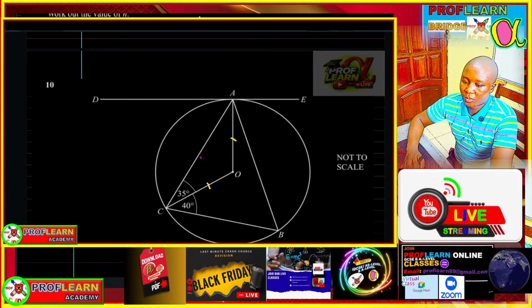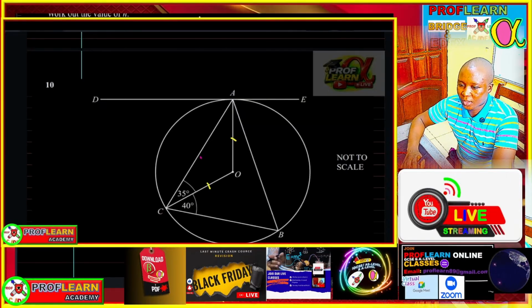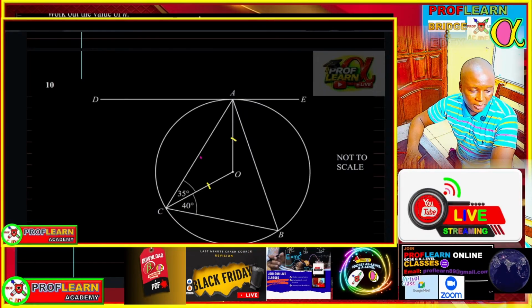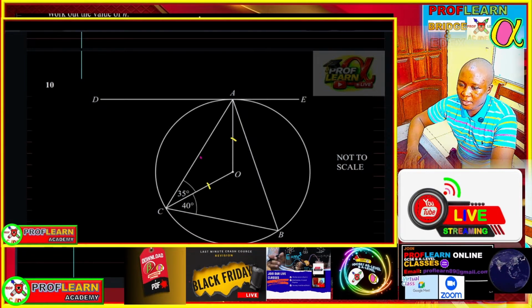Moving to question 10. Question 10 was testing on circle theorem. So CO and AO represent the radius of this particular circle. Then you need to remember that CAO is going to become an isosceles triangle there.